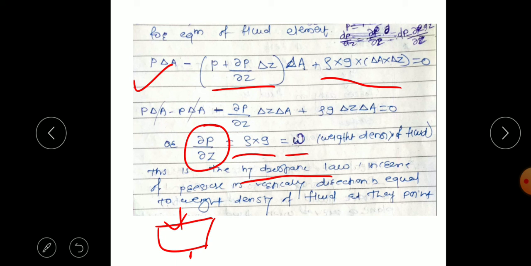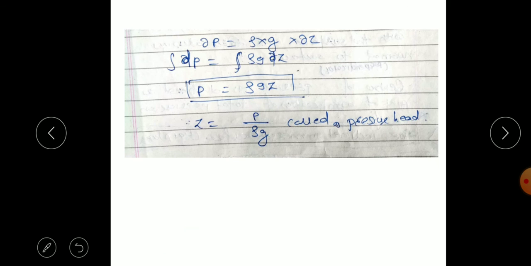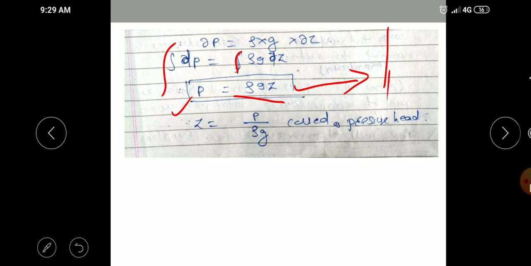The increase of pressure, delta P by delta Z, in the vertical downward direction is equal to the weight density of the fluid at that point. Integrating this equation, integration of dP gives P equal to rho g Z. This is how we find the pressure at a given point from a depth.